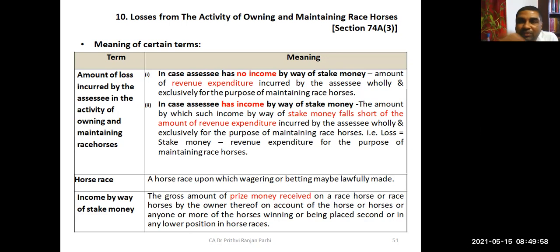If no prize money is received, then the entire expenditure incurred is the loss. In case there is some prize money, then we have to see how much of the revenue expenditure is covered by the prize money, and the extra amount is the loss. This is how one can compute the accumulated loss in the activity of owning and maintaining resources. Did you understand this?